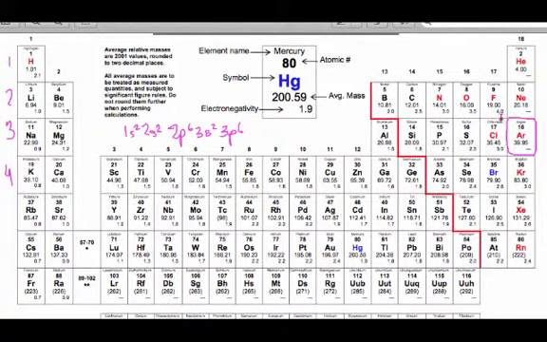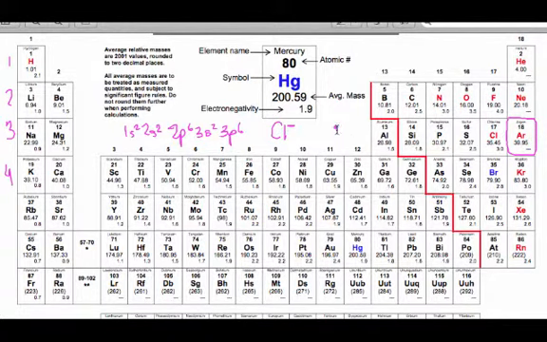Chloride ion would be Cl-. Chlorine ends with 3p5. But if I had Cl-, it has one extra electron and it would be identical in its electron configuration to argon. It's not argon because it doesn't have the same number of protons in the nucleus. And remember, it's proton count that determines identity.